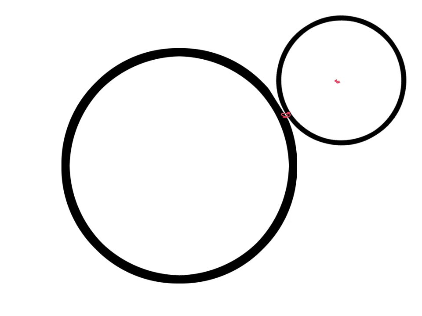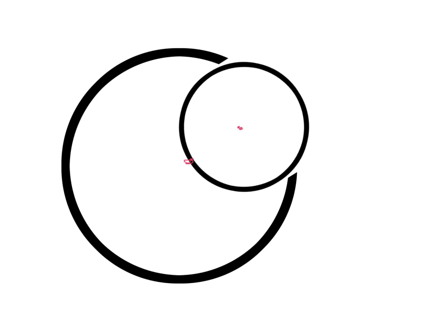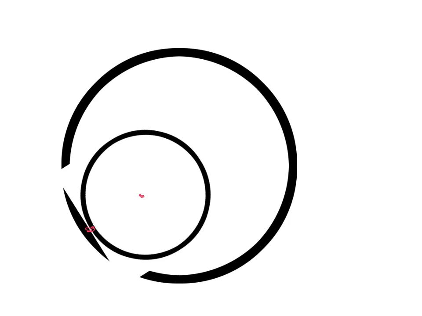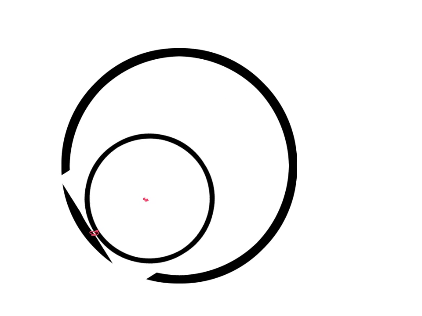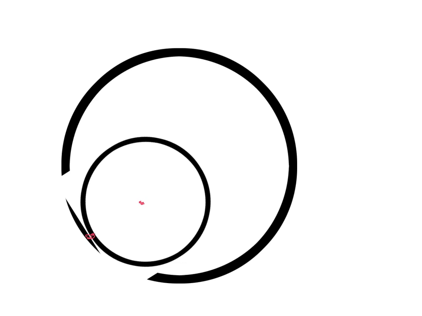So I could take my circle and move it over here, and it has a point of intersection on the inside, which again looks weird because I have a white thing around my circle, but you get the point. So we can have, I'll draw it out here just in case, the circles touching each other from the inside or touching each other from the outside. Wow, I'm doing a terrible job at that.